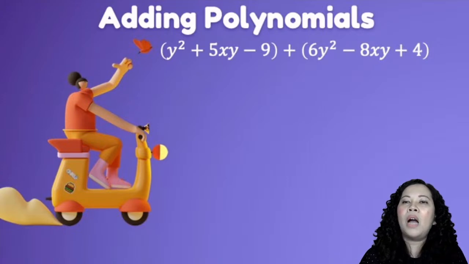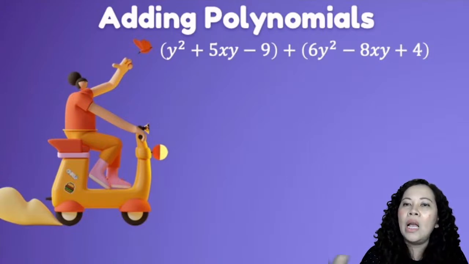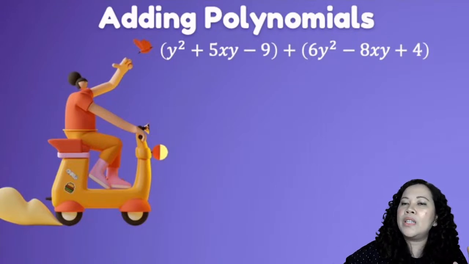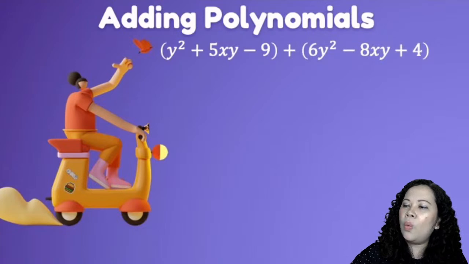Next one we have still the same adding. Now this time I will show you how to do it in a horizontal way. First thing that we have to check is if there is a y squared from this group, and if there is a y squared on the other group. So y squared is here and there is a 6y squared there.